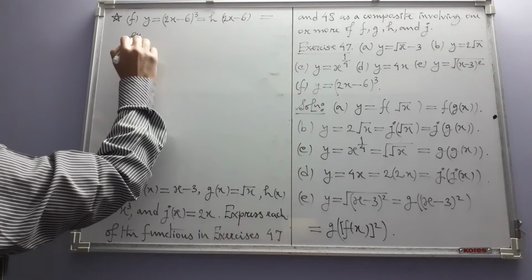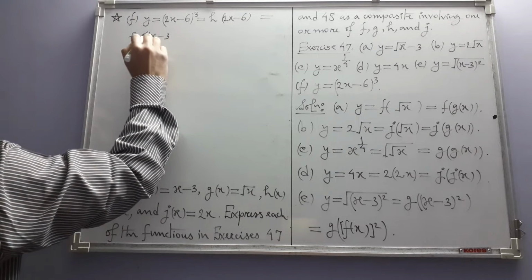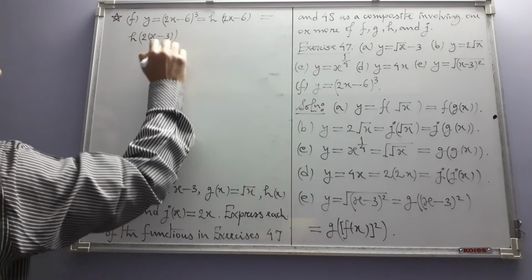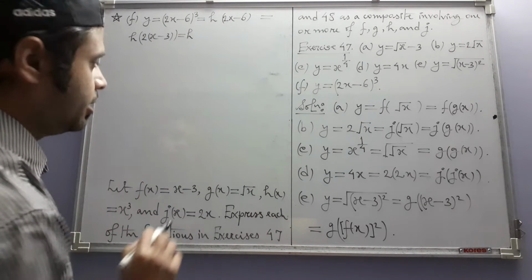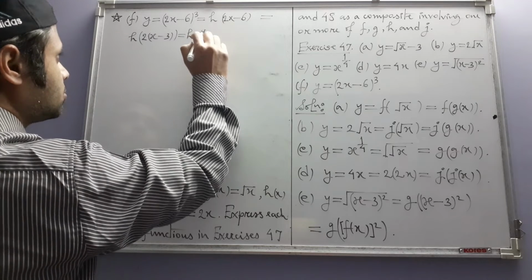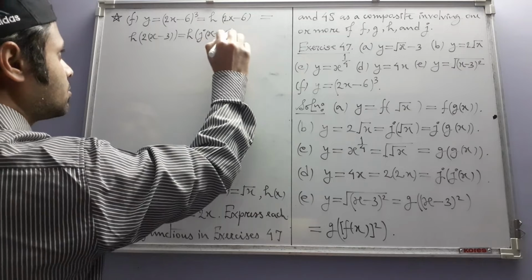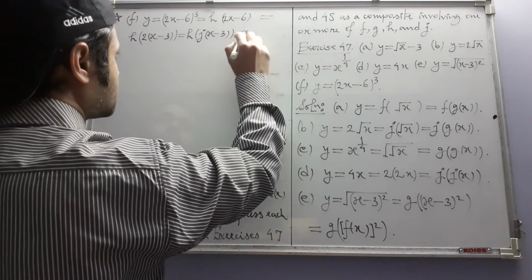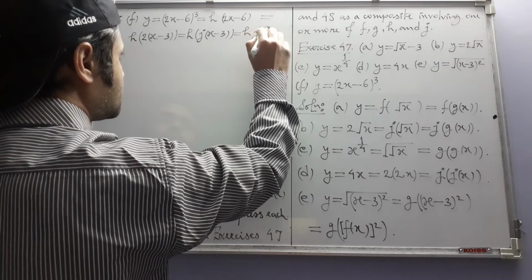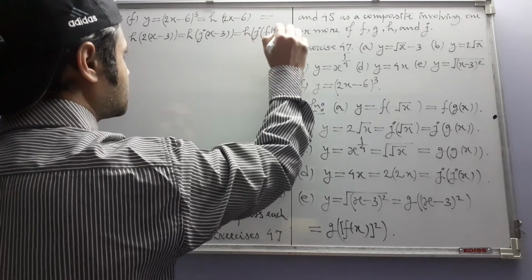Now you can see that this is h of 2 times x minus 3. 2 times means j of x minus 3, and x minus 3 is f, so h of j of f of x.